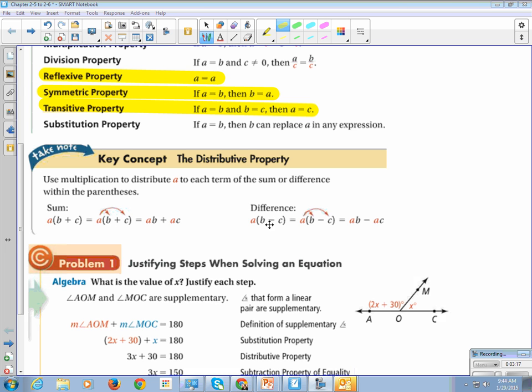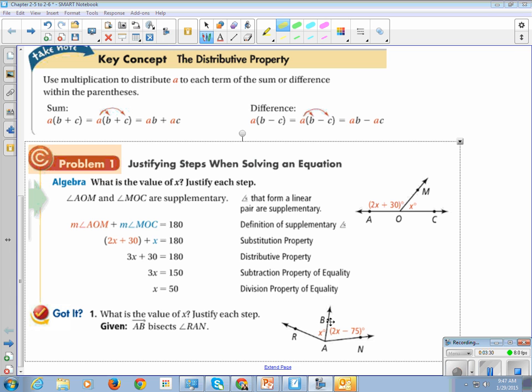It works with a minus as well. If I have B minus C multiplied by A, that would be AB minus AC. The whole reason I've been asking you to show your work for the last 5 years of your math career is so that when we get to this point in geometry, you are used to showing your work, because you have to justify your steps.